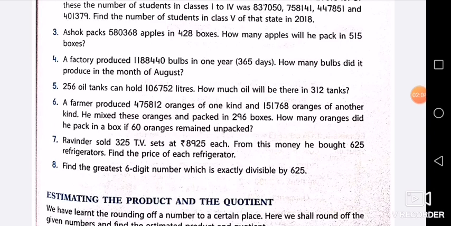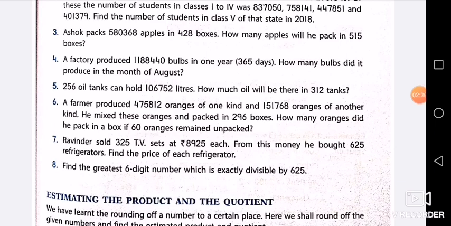In this question they are not talking about a leap year, so we are considering that in 1 year we have 365 days. If it is given that it is a leap year, then we will take 366 days in 1 year.